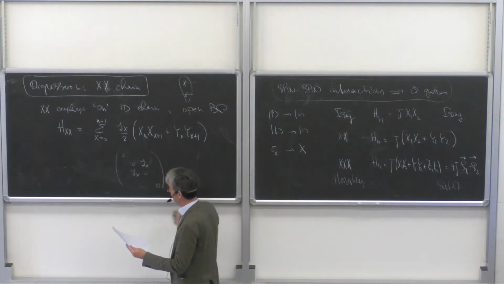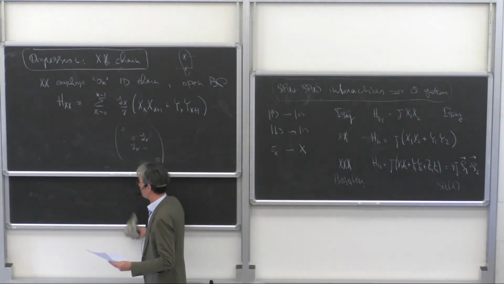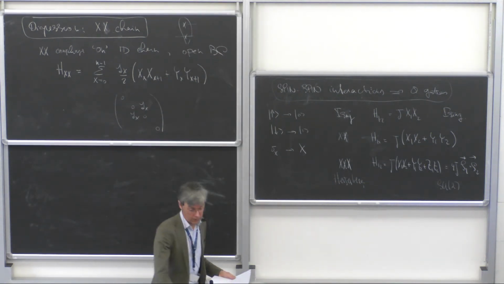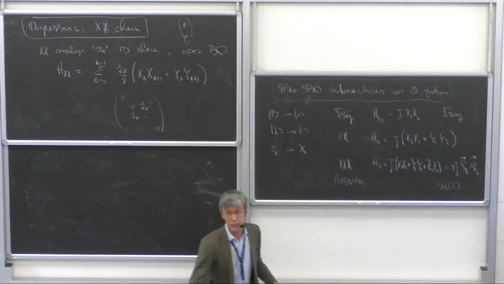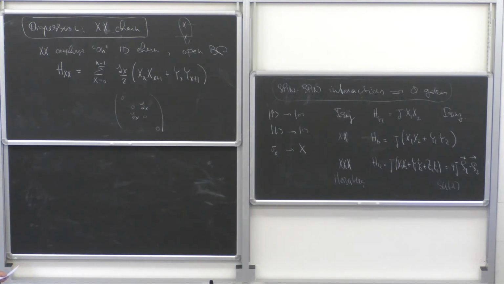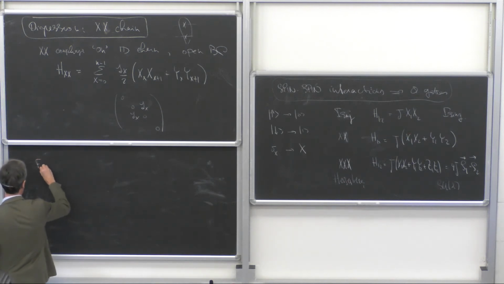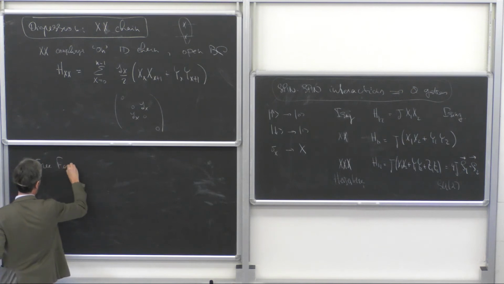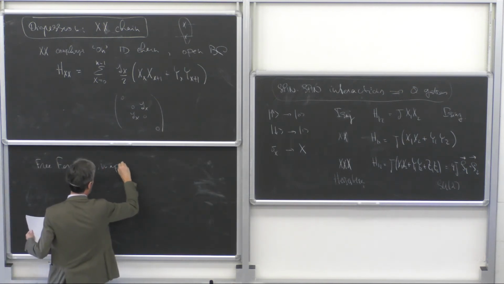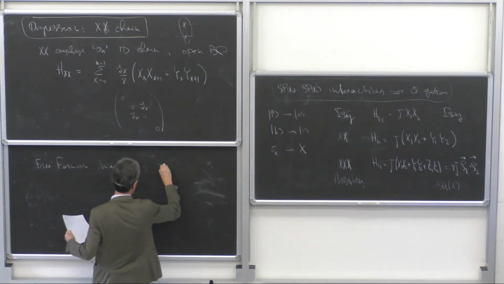First thing, which I think many of you know, this chain can be mapped to free fermions doing a Jordan-Wigner transformation, and then it becomes a problem of fermions hopping on a chain rather than spins flipping on a chain. So there is the free fermion mapping, which goes as a Jordan-Wigner.